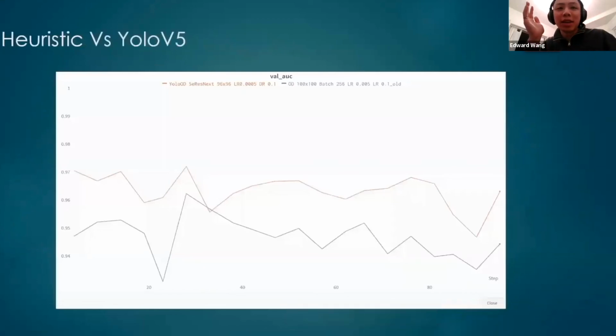And I think this is just training variance, like a random snapshot. I don't actually have a comparison using the partial AUC because by that point we'd already decided to scrap the heuristic model. The purpose is just to show that the YOLO model is better, which is unsurprising.